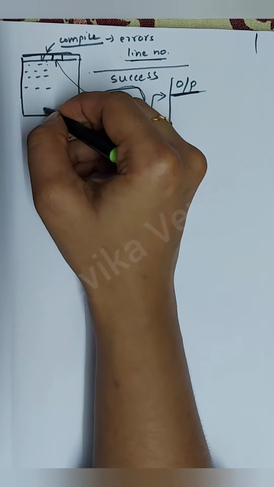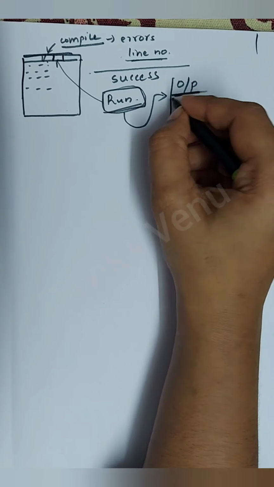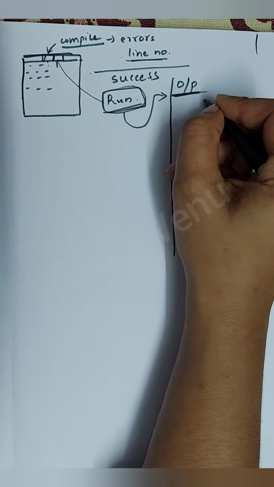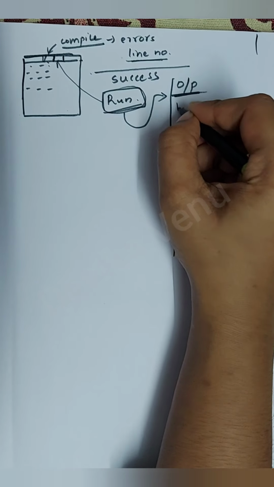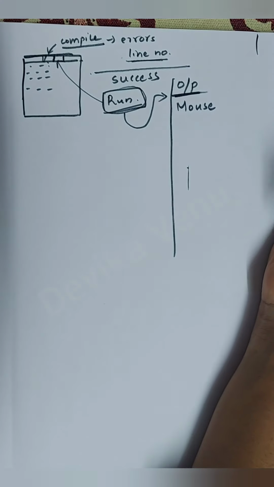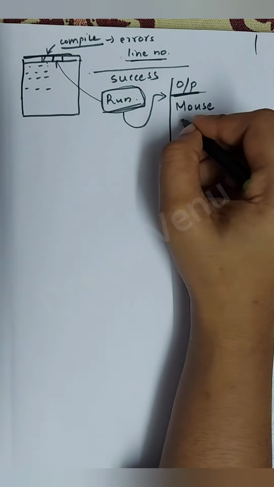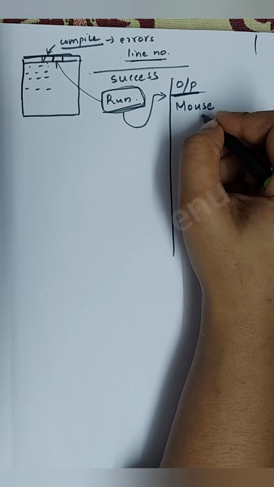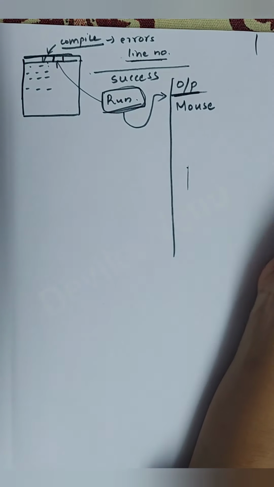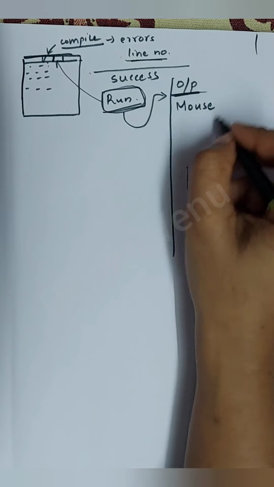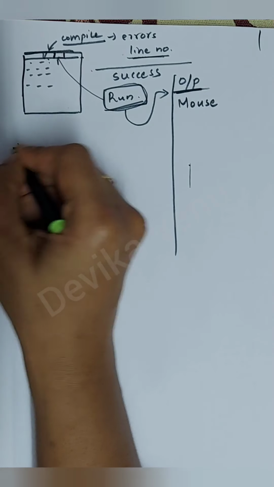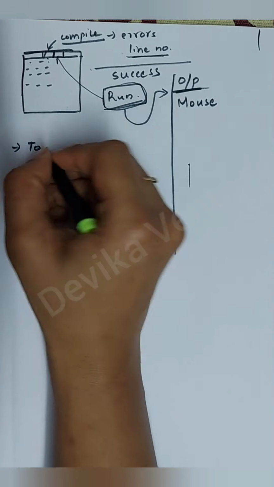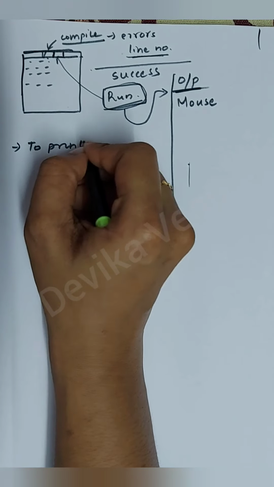I have written the program, compiled it, and run the program. It takes me to an output screen where a name is printed. Okay, so suppose the name is mouse. So I have printed mouse on the output screen. Okay, so this is how it works. One example here is to write a program to print a name.